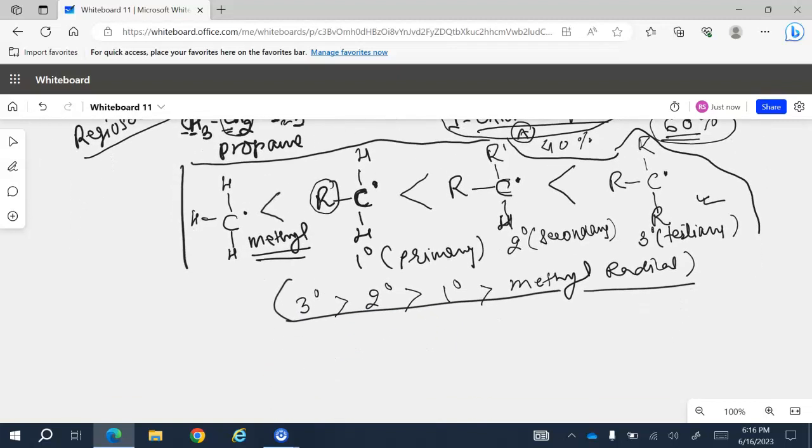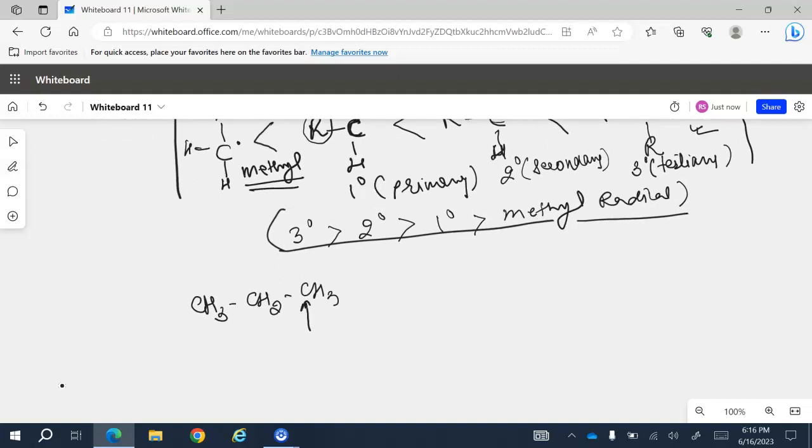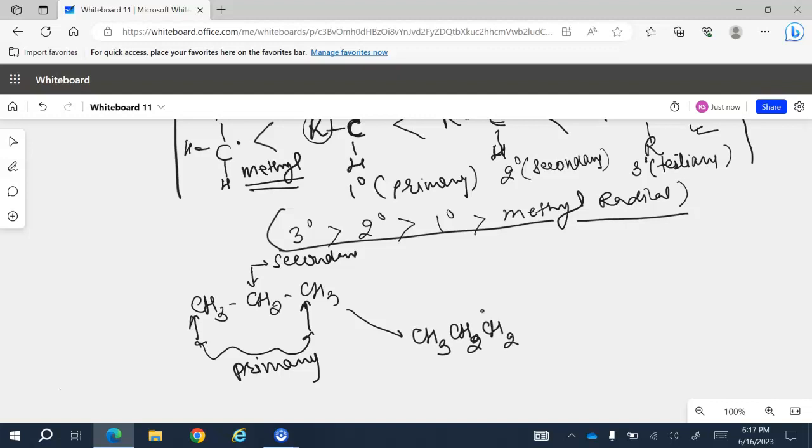So if we look at the mechanism here, CH3, CH2, CH3 in propane, the carbon on each terminal, these two we call primary carbon, whereas the middle one we call secondary. When we remove a primary hydrogen, the radical generated will be CH3CH2CH2 radical.